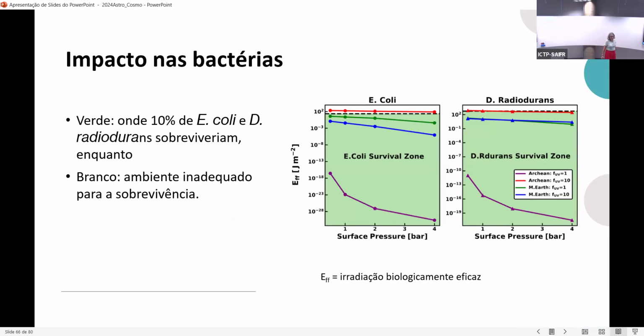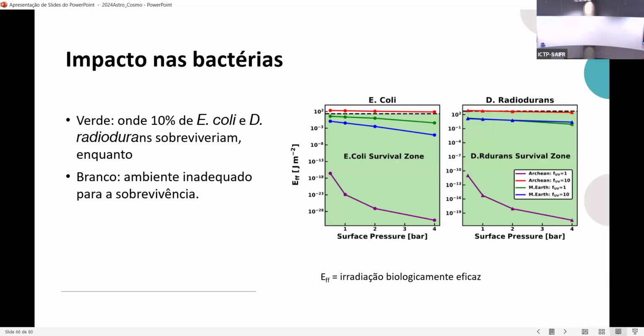So we did the same thing. Okay, let's see if we add bacteria on the surface of this 700D planet. And what would this green zone be? Here is the efficient biological barrier. That is how much ultraviolet flux in the light will be processed by the bacteria.